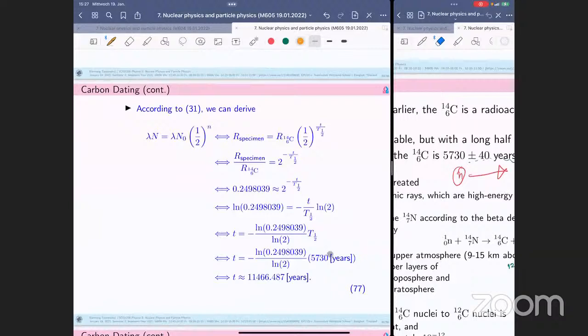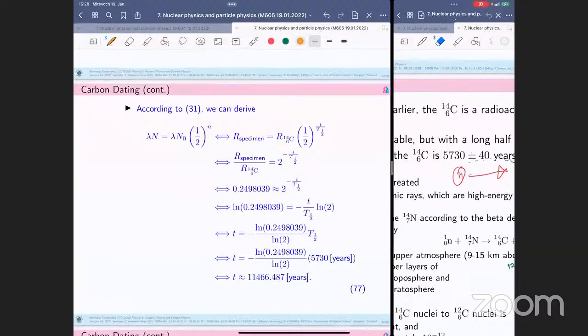But if you want the result in years, you don't have to convert half-life to seconds. Just leave it in years. So once you substitute 5,730 into this ratio, we have the result as 11,466 years.